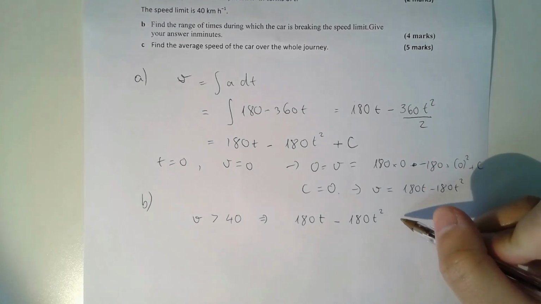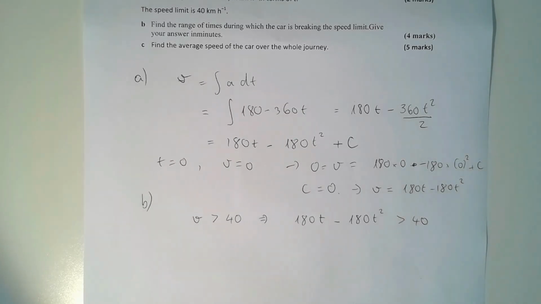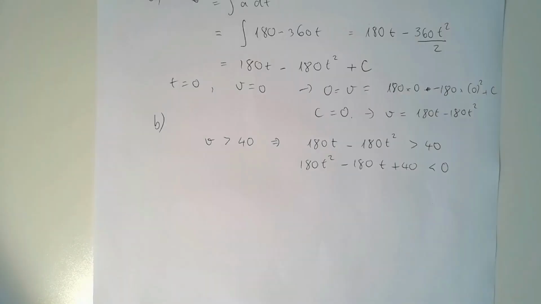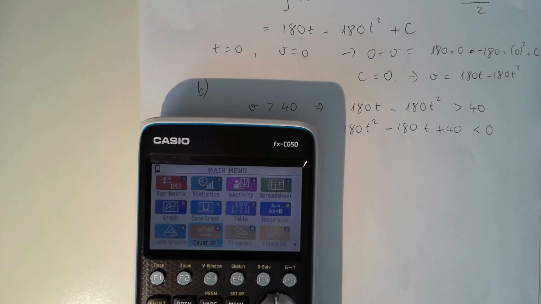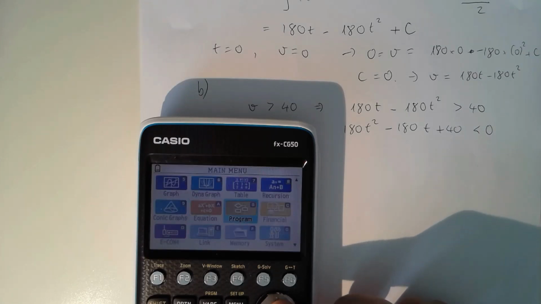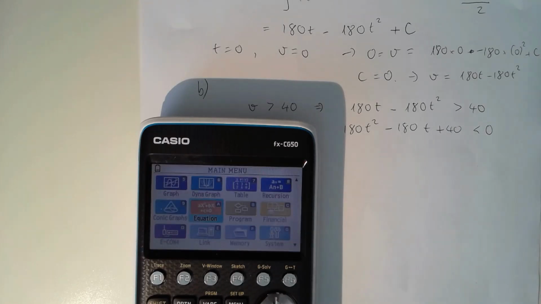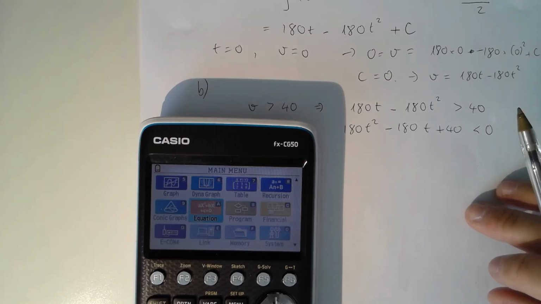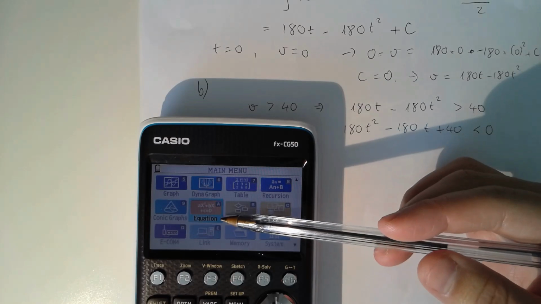Alright, now we're going to carry on. Bigger than 40. So we're going to work out. Look, observe first. Okay, so I'm going to teach you how to use the calculator as well. If you want to solve a question quickly in the exam, get your calculator out and use the equation.